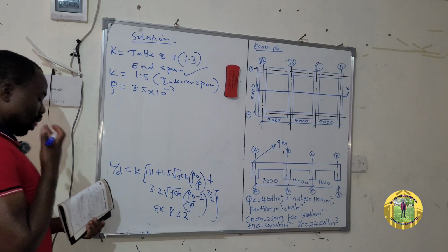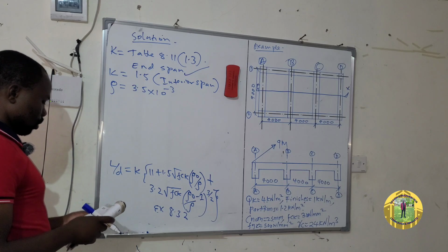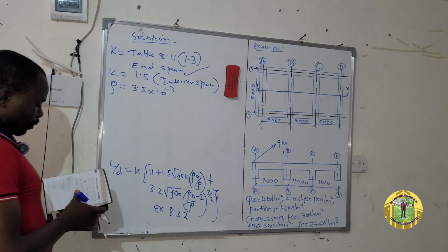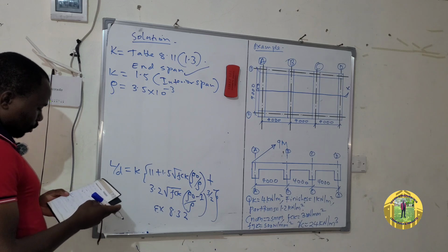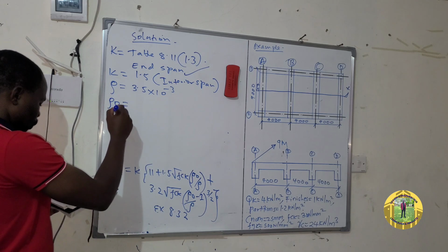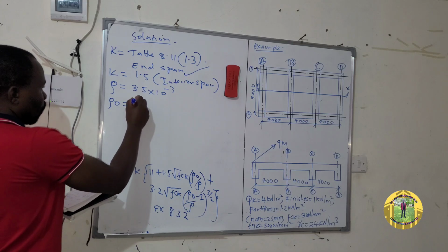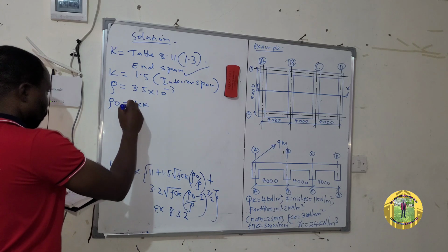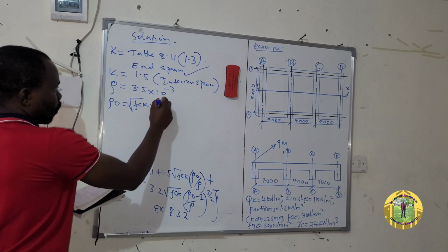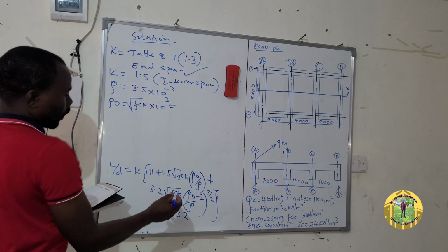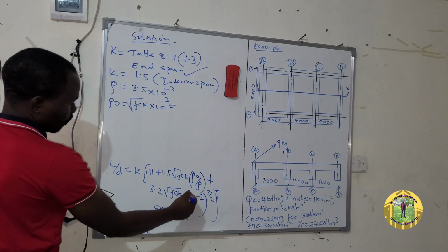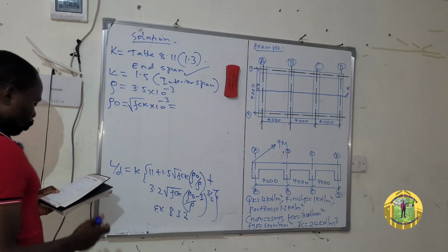So this one is equal to the square root of FCK times 10 to the power of negative 3.